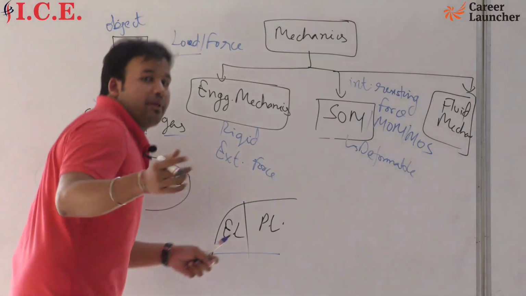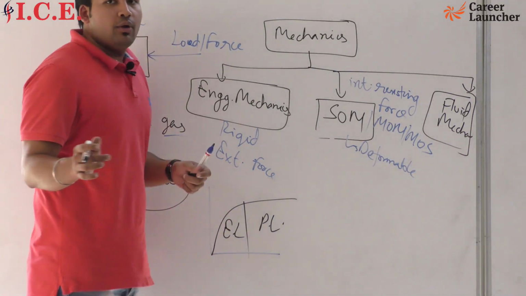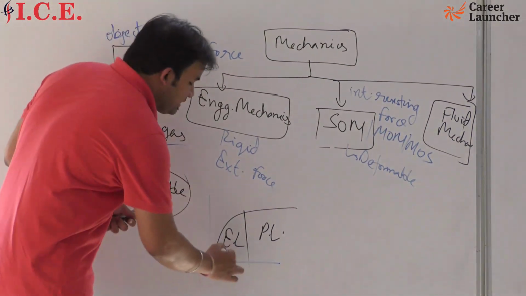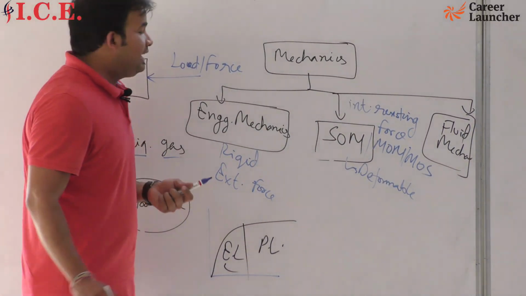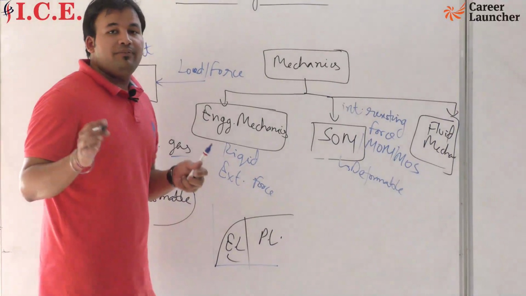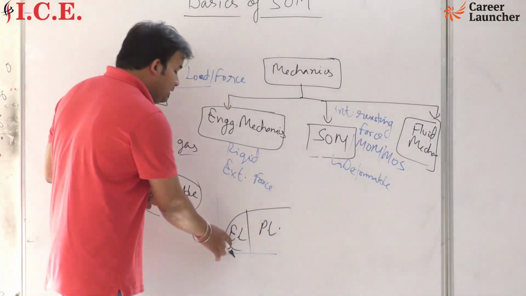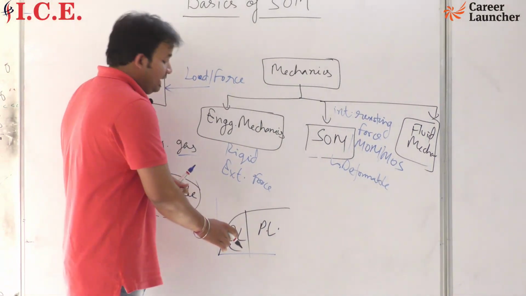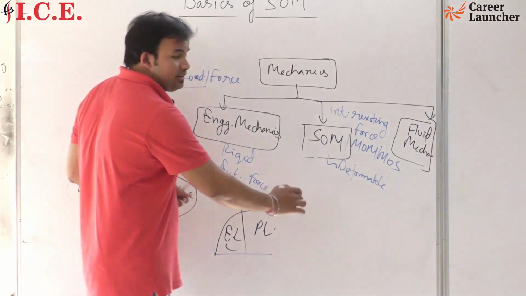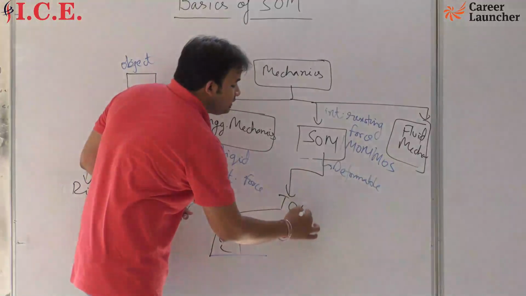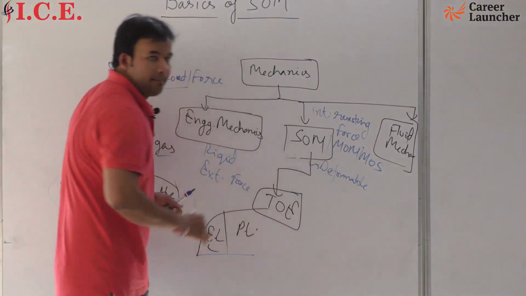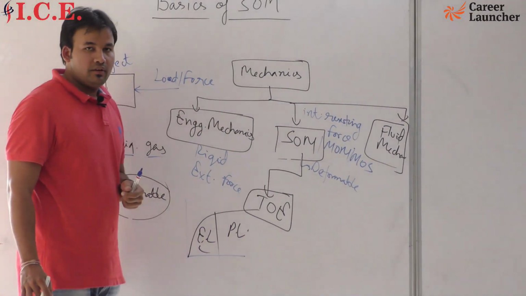So that student asked me, sir, suppose your deformation is in this limit, elastic limit, then what will happen? Then I told him, if your deformation is within the elastic limit, then that effect we will study in theory of elasticity. Okay, got it?